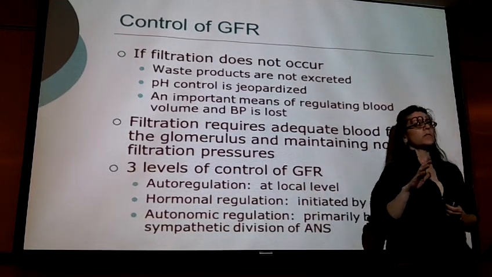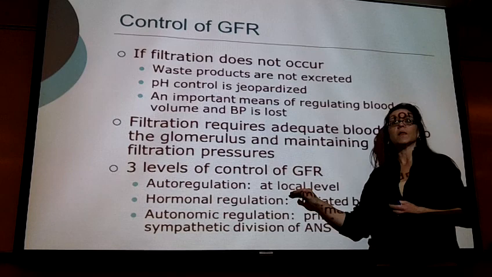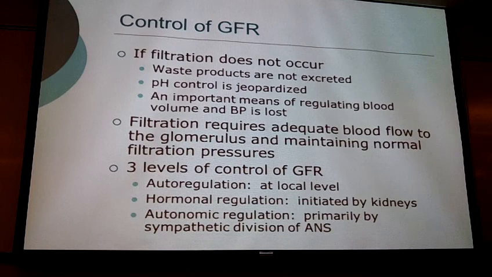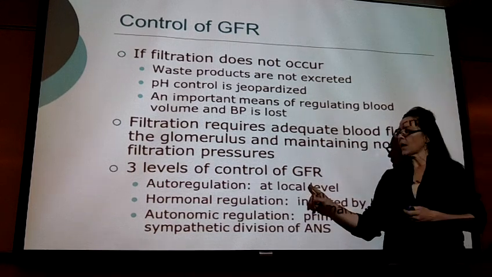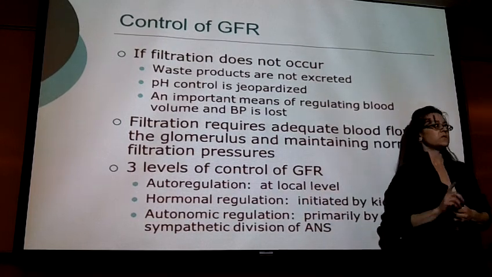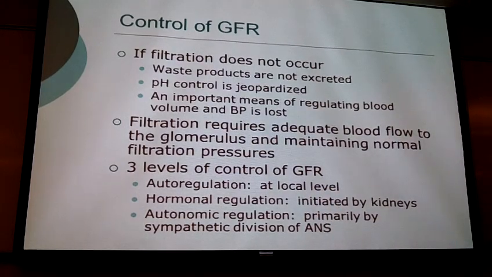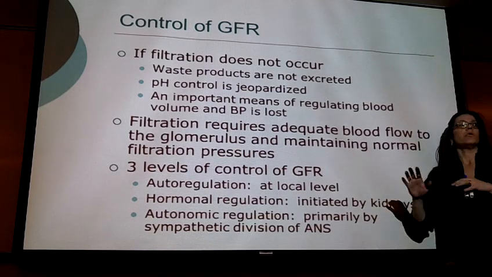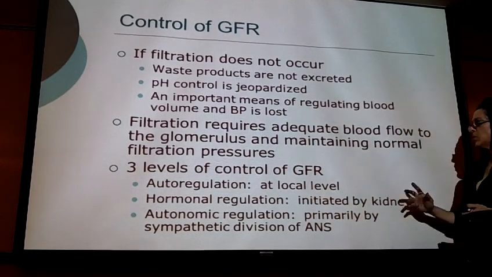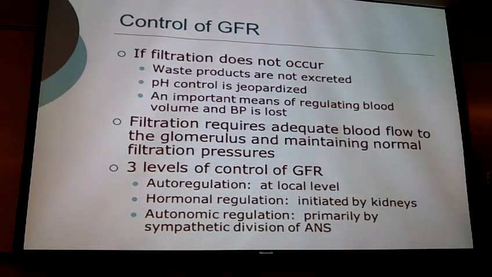When we've talked about homeostatic mechanisms at the local level, that means we don't involve the nervous system, we don't involve the endocrine system or hormones. Those are things that are going to influence systemic responses. So this is generally how the kidneys deal with GFR, on a local level, each glomerulus doing its own thing. Now, if it can't do that, or if other things start to happen, then hormones will kick in and start to influence different things that keep GFR constant, and we'll talk about those.